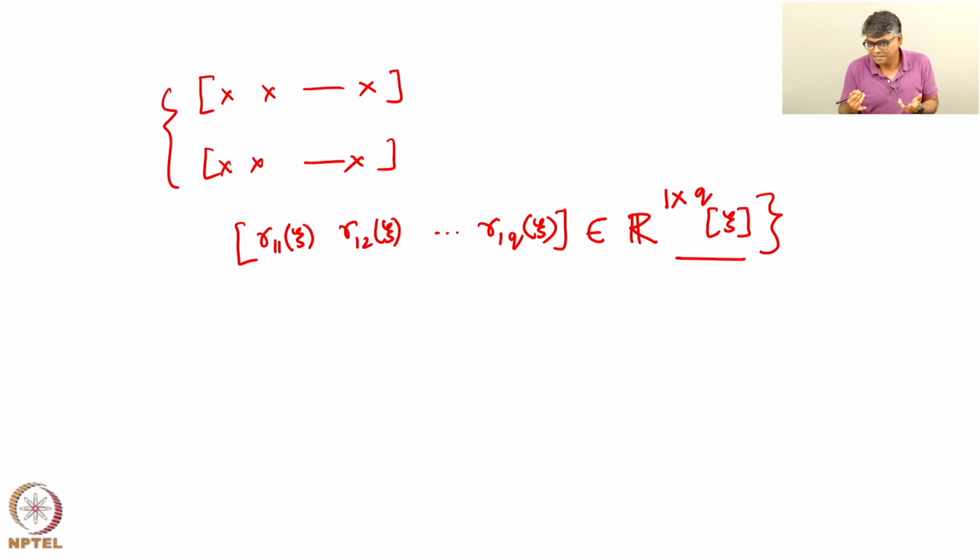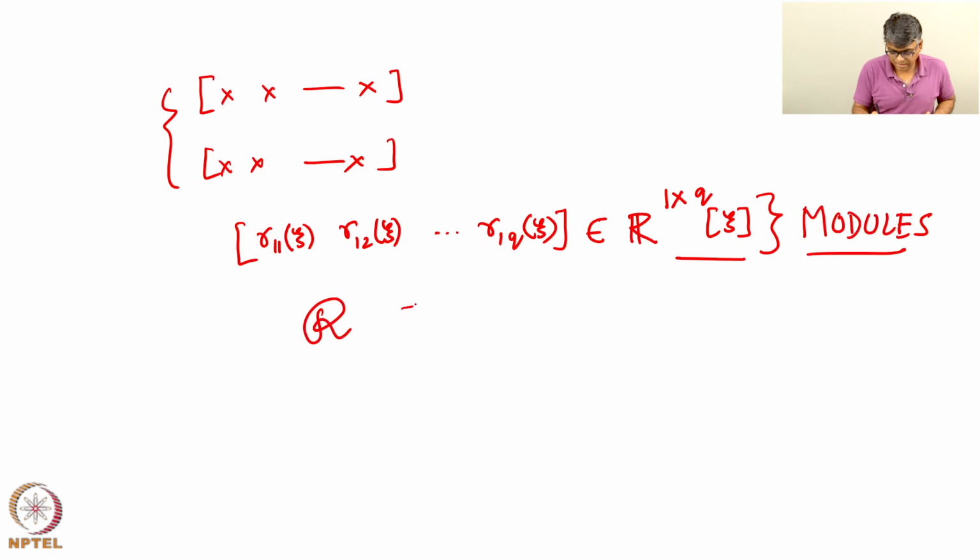Such things are different because they are defined over rings as opposed to over fields, as with vector spaces which are defined over fields. Such things are called modules, okay. So, then R is actually a submodule of this module.